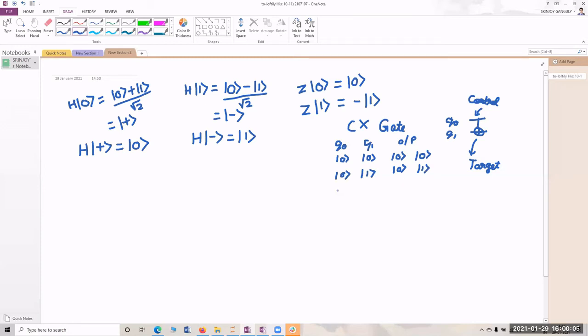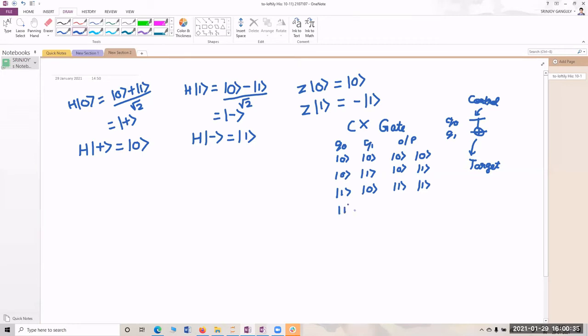Now if you apply 1 in the first qubit, but your second qubit was in 0 state, it will flip the second qubit. So the first qubit stays as it is, and the second qubit is flipped. Then you have the 1 1 state.